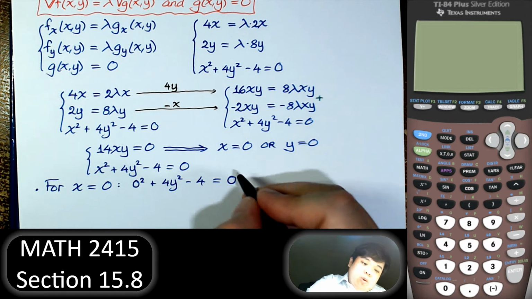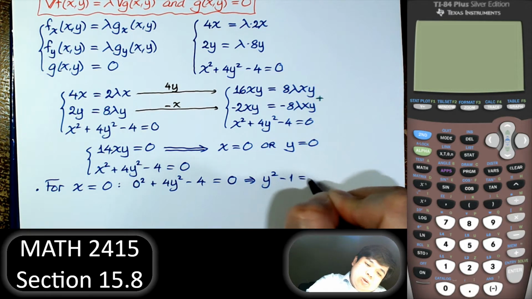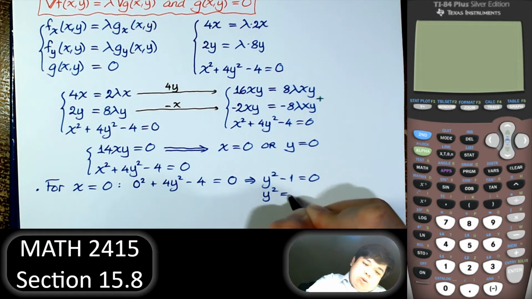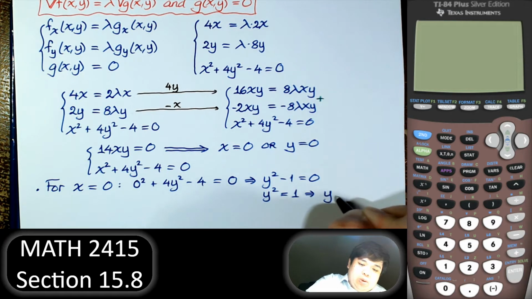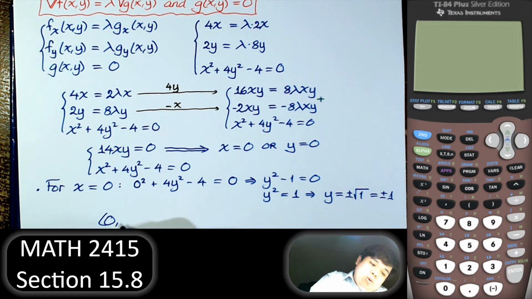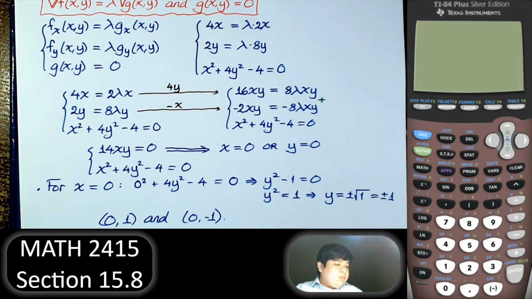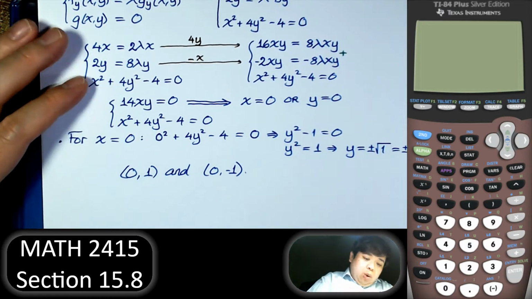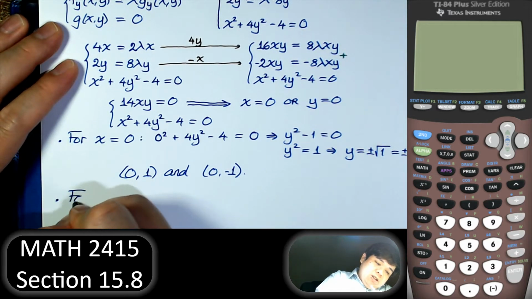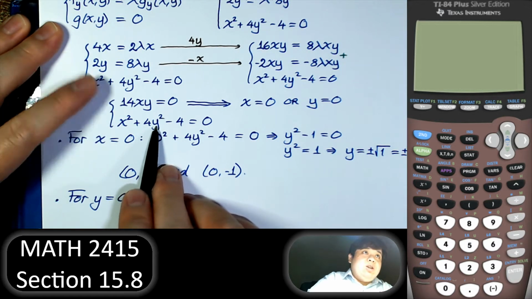So I can solve for y. y squared minus 1 equal to 0, y squared equal to 1, so y equal to, don't forget, plus or minus 1. So we have the points (0, 1) and (0, -1), two points when x equals 0. When y equals 0, again I'm going to substitute into this equation.